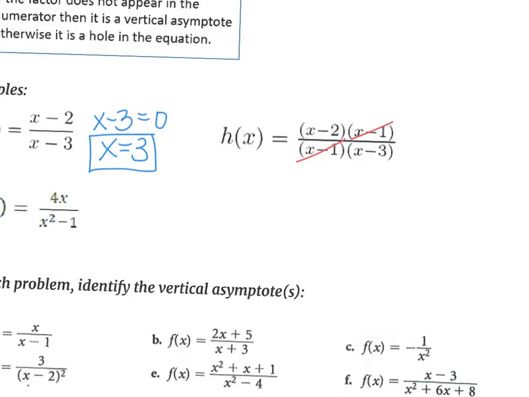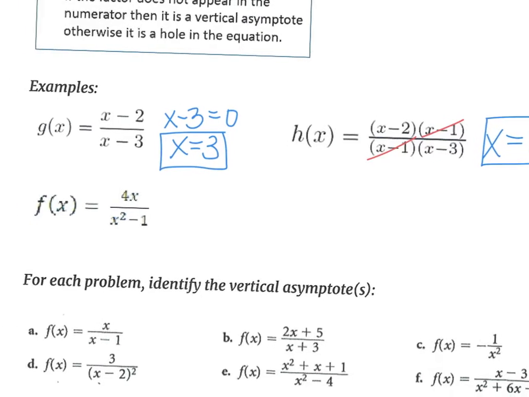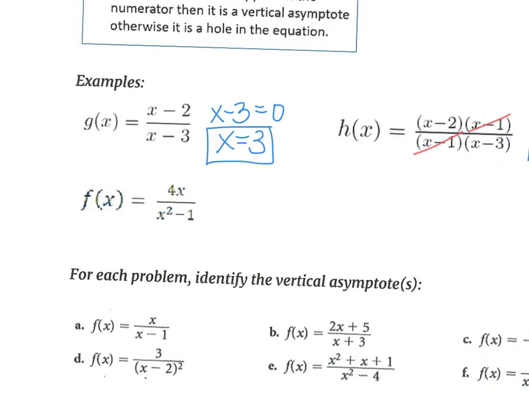We'll get to holes on Wednesday, but that gives you a hole, not an asymptote. Therefore, leaving us with just one factor again in the denominator, and again, that factor set equal to 0, just like we did on the first problem, and we get x equals 3 again. That's our vertical asymptote.